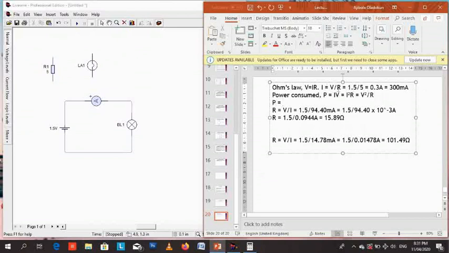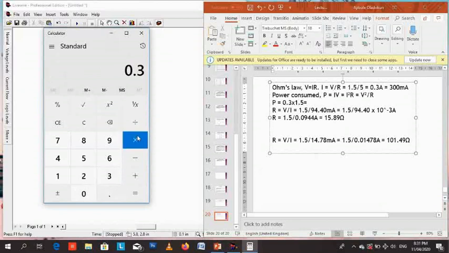So regardless of whichever one you use, we want to get the power consumed by the 5 ohm resistor. Remember that we said the current flowing through the resistor was 0.3 amps. You multiply that by the voltage across it, which was 1.5 volts. 0.3 multiplied by 1.5 is 0.45 watts.